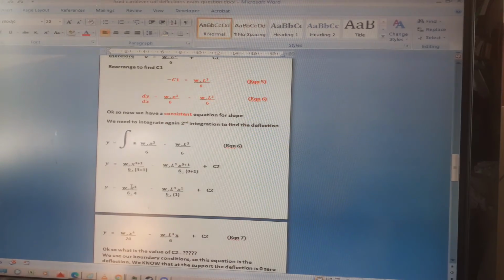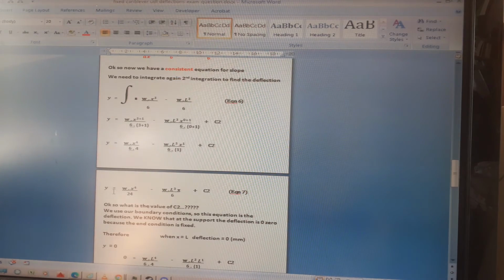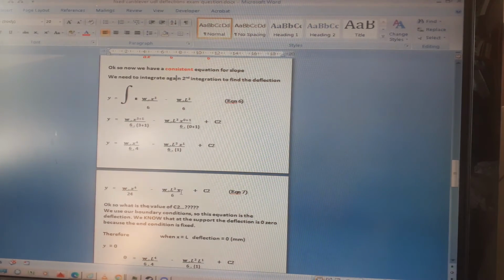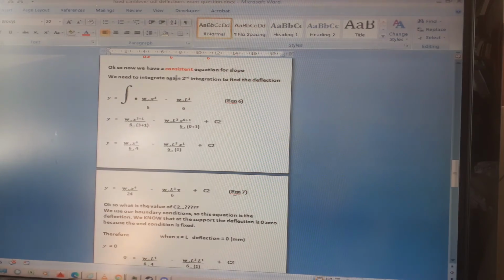That equals wx to the 4 divided by 6 times 4 minus wL cubed x to the power of 1 divided by 6 times 1, plus c2. So y, the deflection, equals w, that's little w, the UDL, x to the power of 4 divided by 24 minus wL to the power of 3 x divided by 6, plus c2.